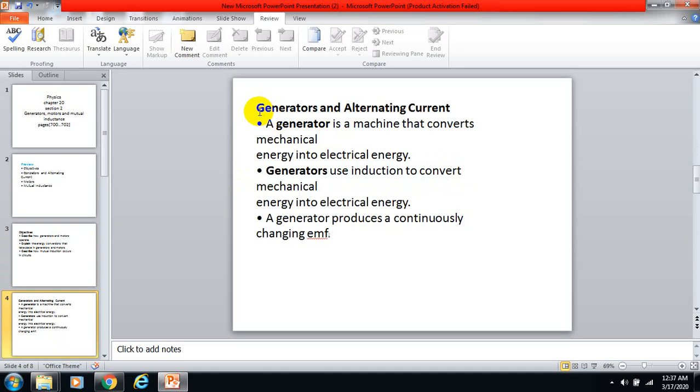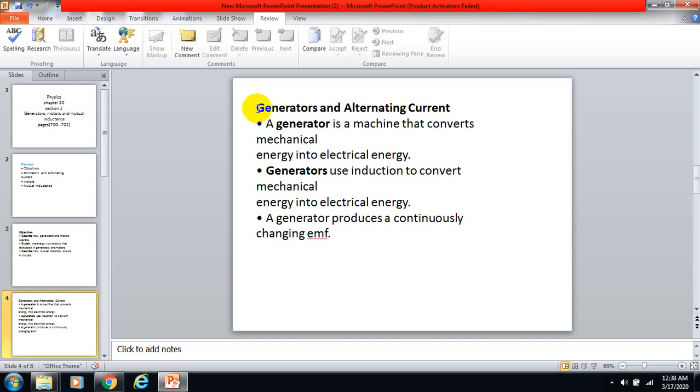The first one, generators and alternating currents. Generators, look at the name. Remember a few words regarding the science: simply a single title of any topic can give you a clear idea regarding what might be the purpose of what we are going to study.